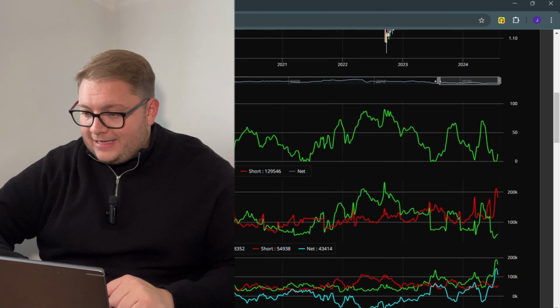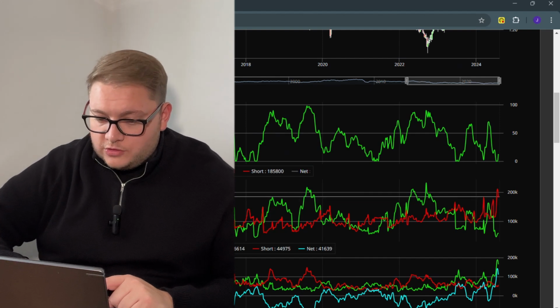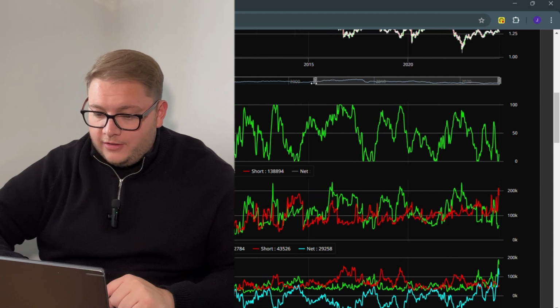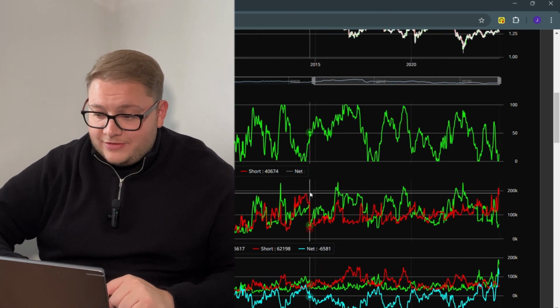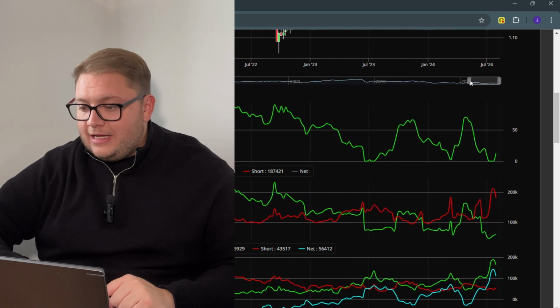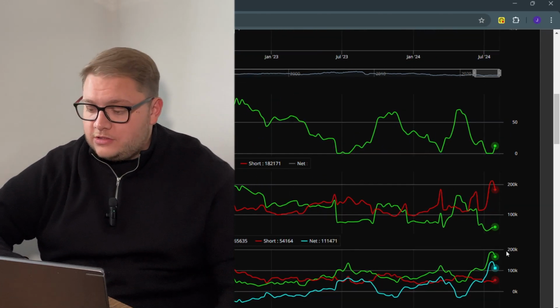And if I go back in time, have we really seen short contracts at those levels before? Not really. We have to go back a lot further to see short contracts at those levels. So that's why I was really in tune with the markets to see if we were going to see any kind of pound weakness coming in.